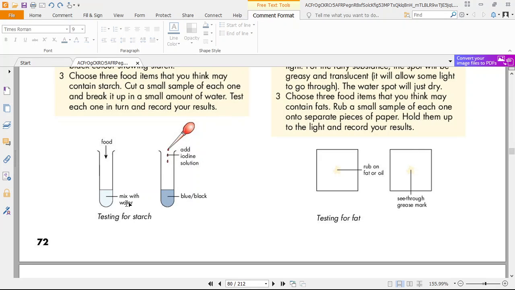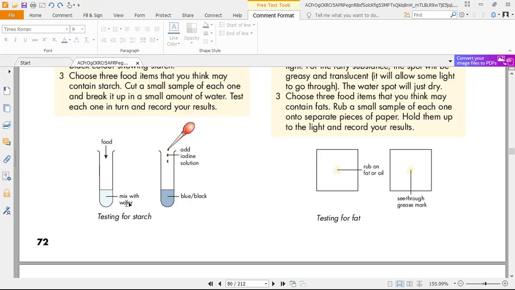When you put it on it, if starch is present, and remember starch is a complex sugar, remember I told you that it's like building a house: each simple sugar is like a building block, and a starch molecule is like a big brick wall or block wall. So if your food substance has starch in it, then it will turn blue black.